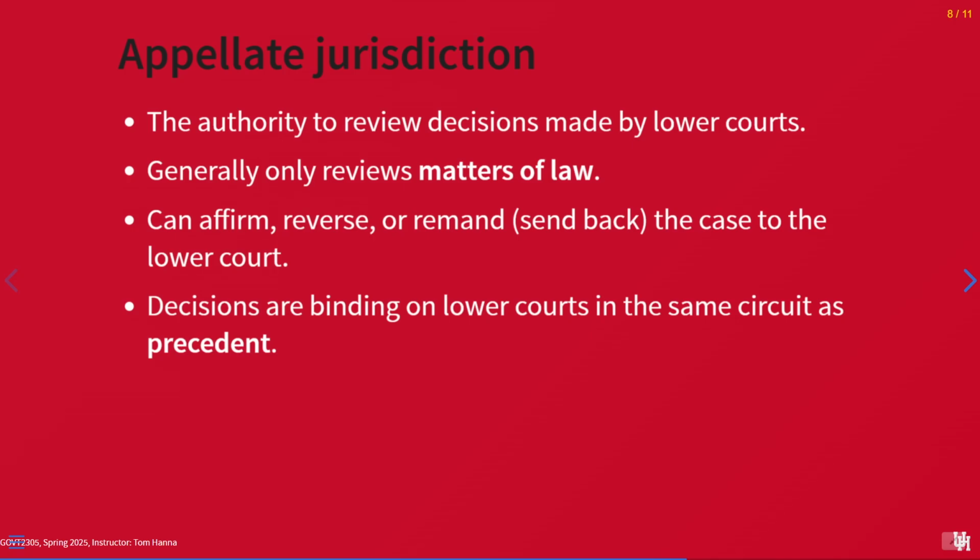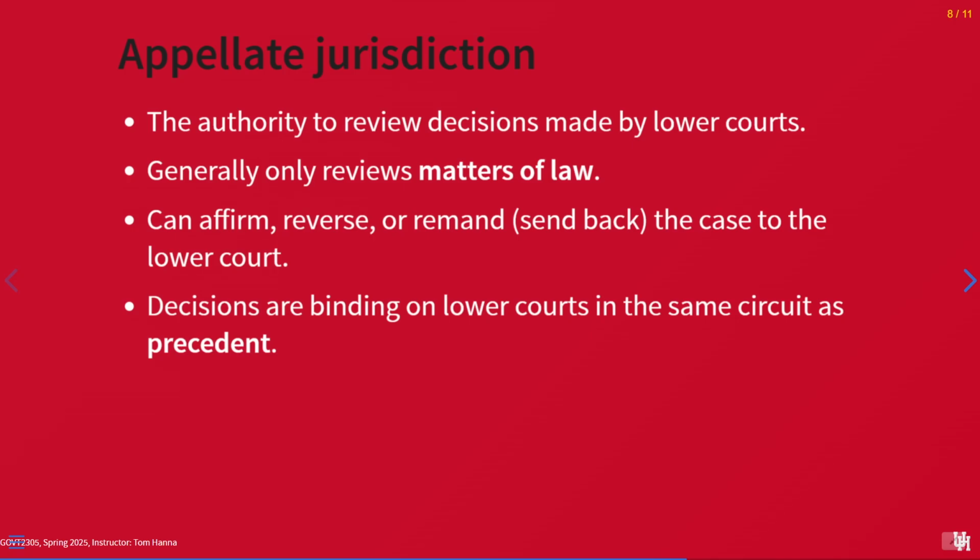The decisions of these appellate courts are binding on lower courts in the same circuit. So if District 40 is in Appellate Circuit 9, and something happens and they make a decision, and then later District 39 has the same situation happen and they're also in Appellate Circuit 9, it's still going to be binding.